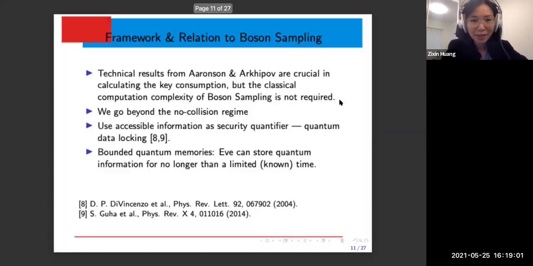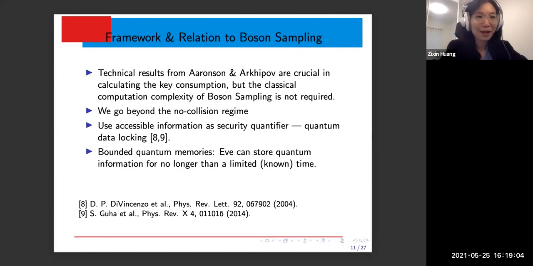So now we can actually go into the framework and the security proof. What is the relationship between our work and Boson sampling? We've used technical results from the original Aaronson and Arkhipov paper.